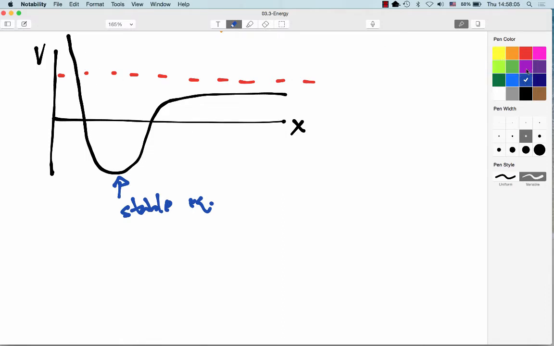So that is still a turning point. Turn around and go back and fly out forever. If I nudged it so its energy got up to here and to the right, it would just fly out forever. But either way, it'll leave the system.